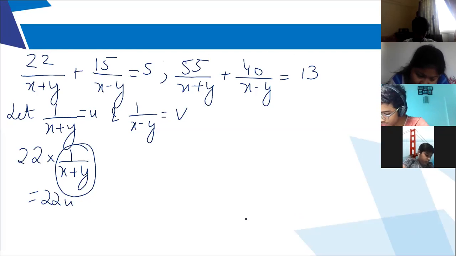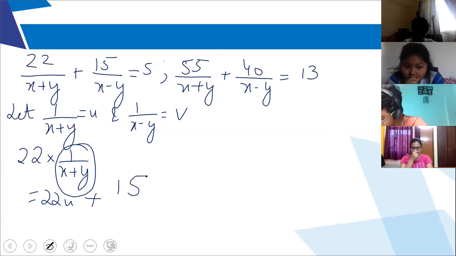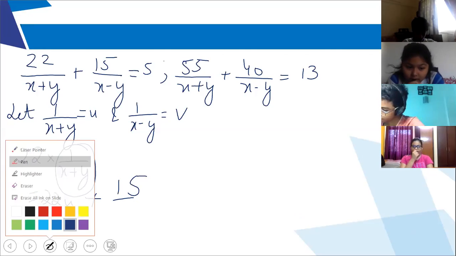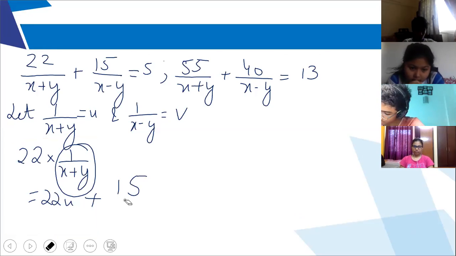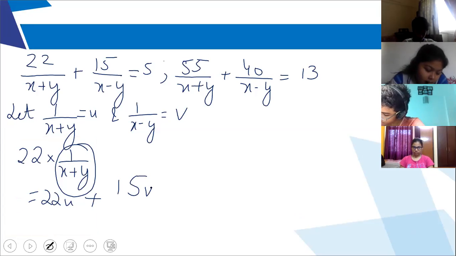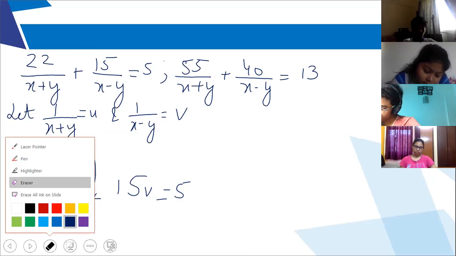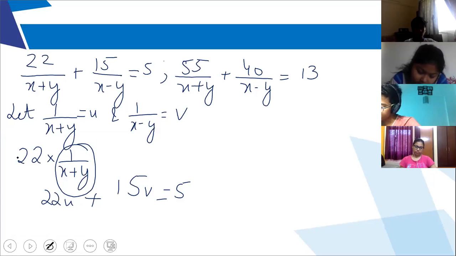Okay, so 22 into 1 upon x plus y is nothing but 22u plus 15v is equal to 5. This is my equation 3.